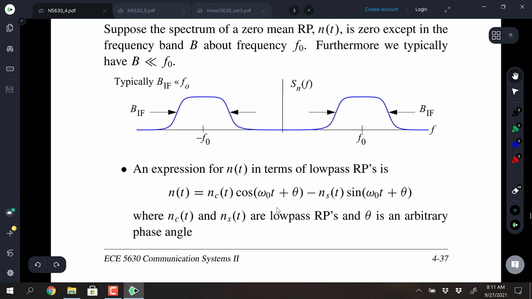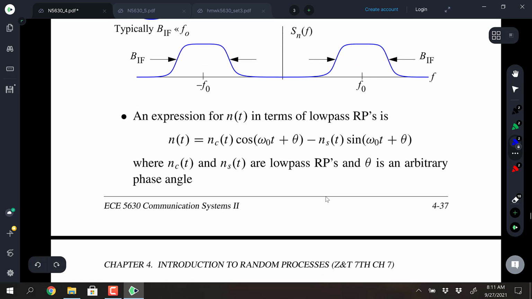So B is much less than f0, but it doesn't mean you can't build a simulation, so that's what I started to do briefly.